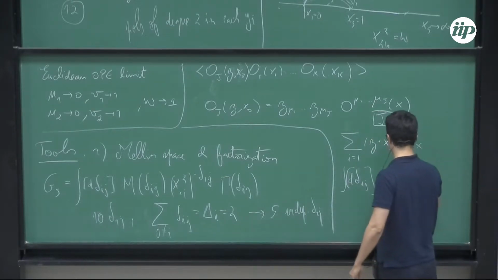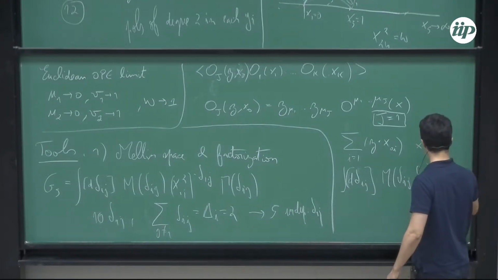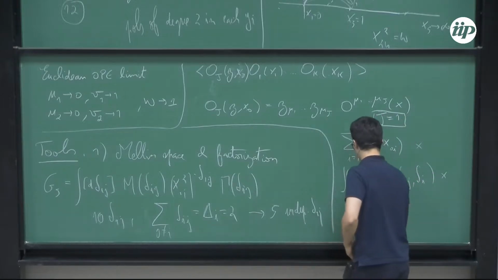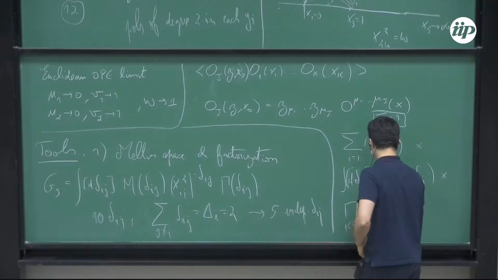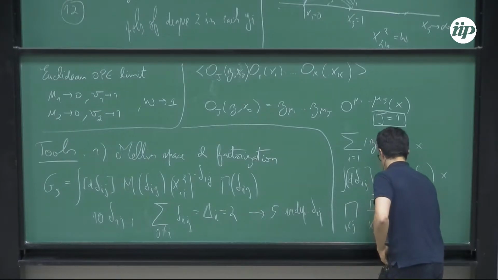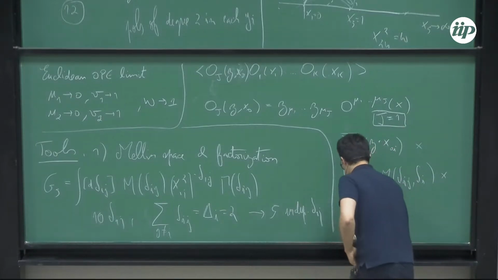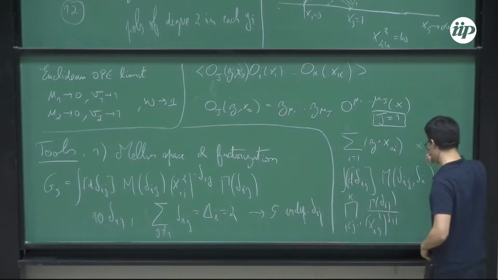In this case, let me write my delta ij and some delta i, where I'm going to have a product over i less than j of gamma of delta ij over x ij squared to the delta ij. These i and j go from 1 to k, so these are only for these k operators.